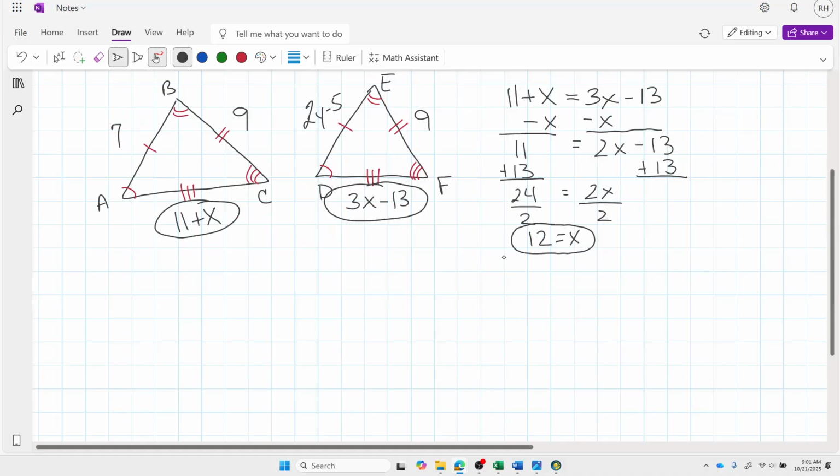All right, so then you've got to solve for Y. So here's a 2Y minus 5. What is 2Y minus 5 equal to? It's equal to 7. Very good. Because those two sides are congruent, so the lengths of the sides are congruent. So add 5 to each side.